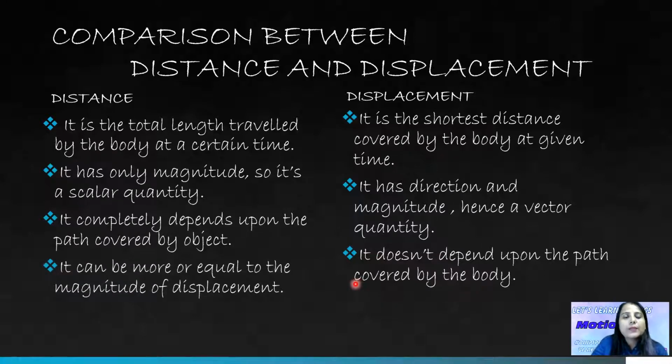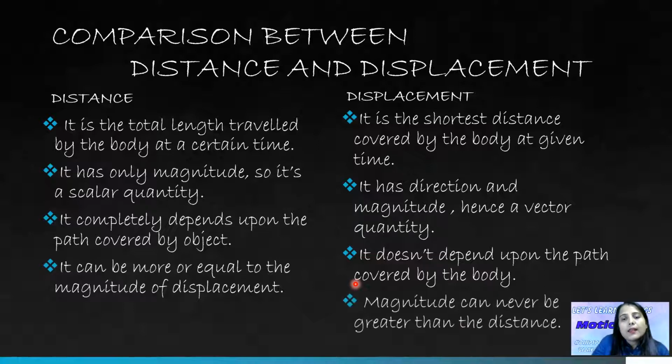Now, distance can be more than or equal to the magnitude of displacement. This is a vital point to remember. Distance can be either equal to displacement or it will be more than displacement, but it can never be less. Now, displacement can never be greater than distance.